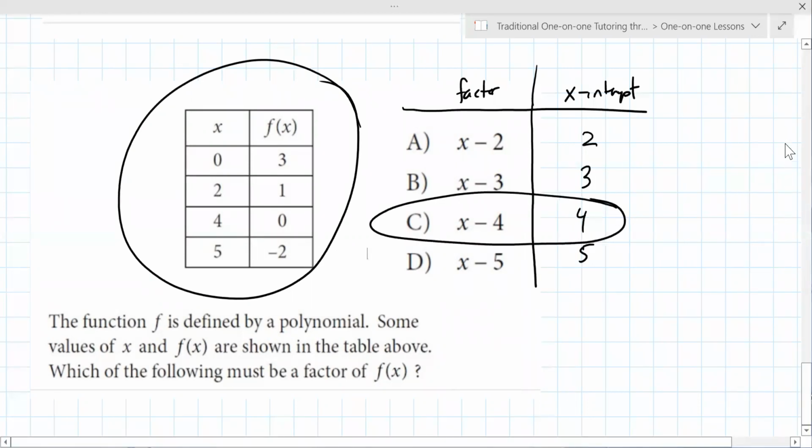I found one more that we can do that's like this, which is good.